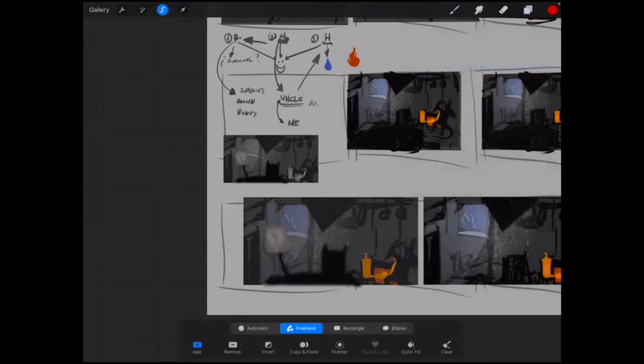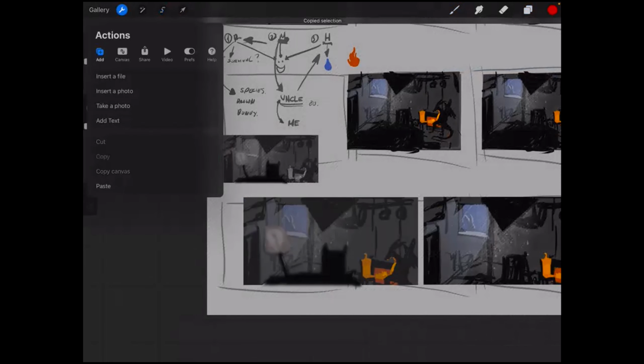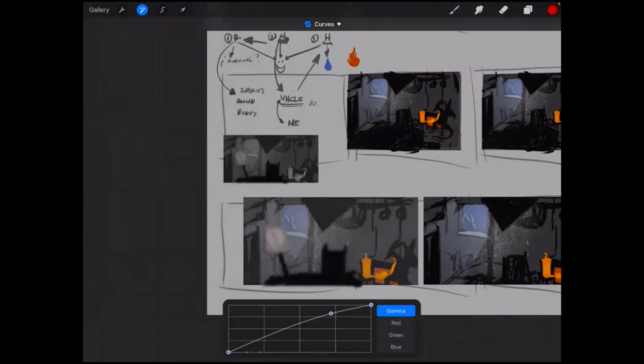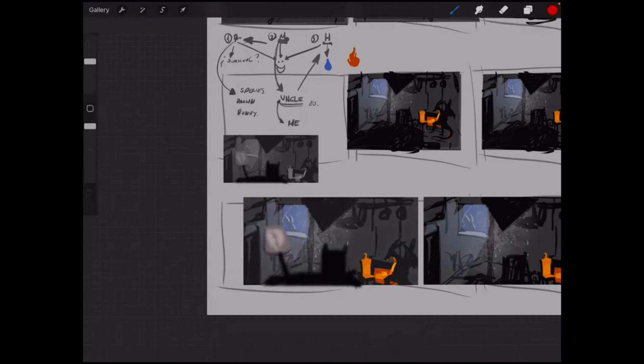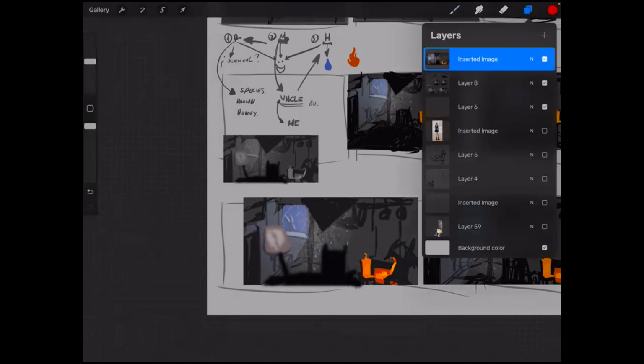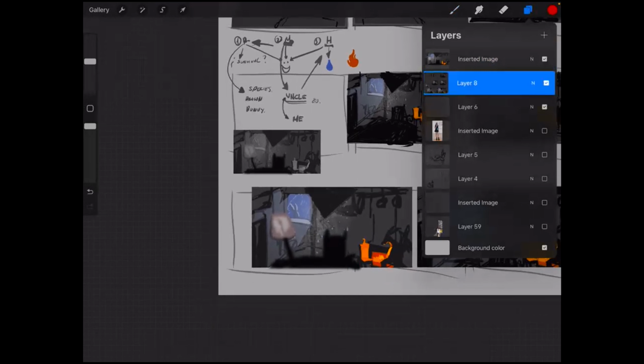So I'm going to take this one. I'm going to copy it, paste it on top, and I'm going to go with curves and make it brighter, with more contrast. And at the same time, I want to give more saturation to it. And I'm going to take that one under.